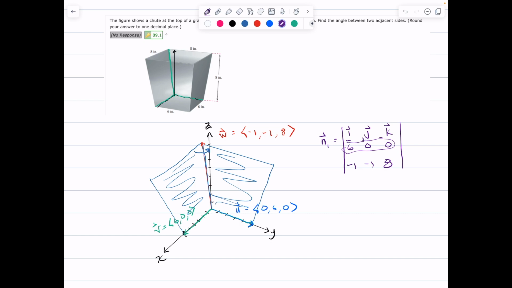So this is just going to be equal to -6 times the determinant with j, k, -1 and 8, which will be -6 times 8j minus a minus k, which will be positive k.